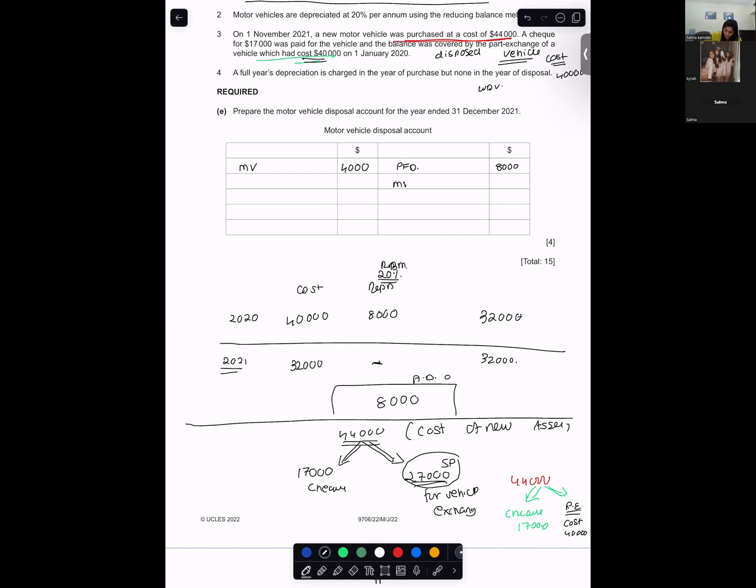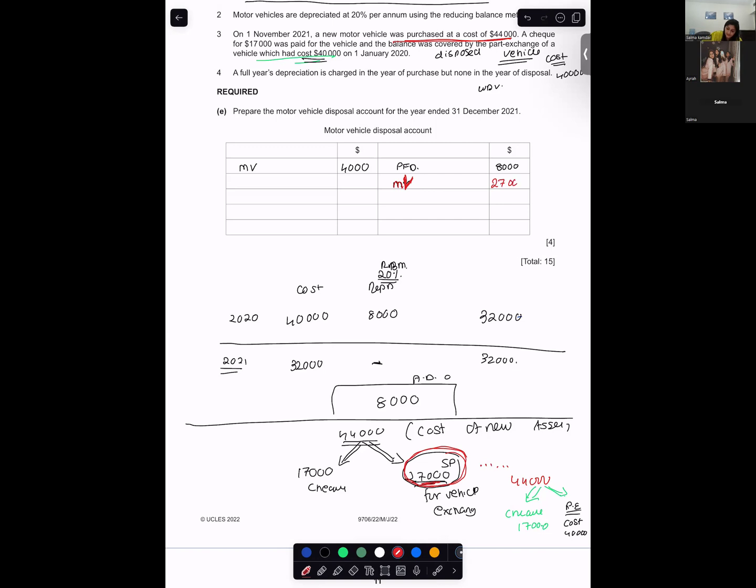I got a new motor vehicle in exchange, for part exchange, motor vehicle. Instead of money, what did I get? A new motor vehicle. So the selling price of the motor vehicle that I have sold is 27,000, but I did not get money. I got a new motor vehicle.